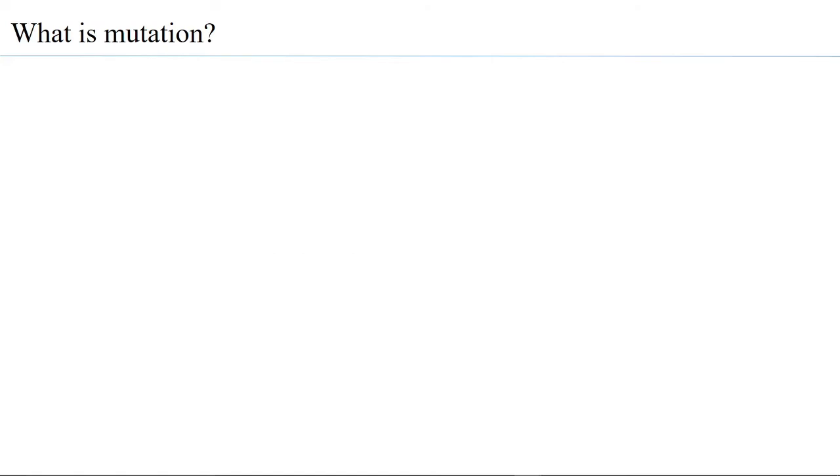So let us look at what a mutation is. Now, say for example, one is writing a sentence with each alphabet responsible for the meaning of that sentence. So let's say we've written a sentence that says, I would like to talk with you.